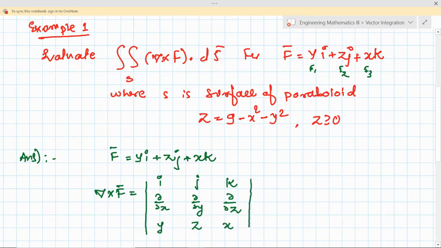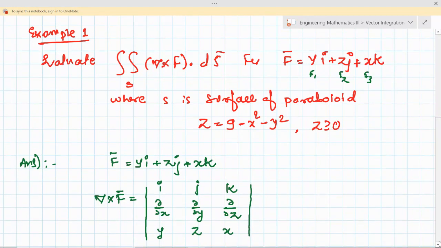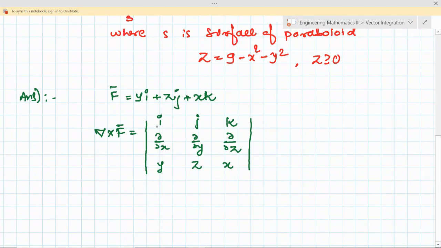Solve this determinant. For i, the partial derivative of x with respect to y is 0, the partial derivative of z with respect to z is 1. So this is i, and this minus this, so it is minus i.